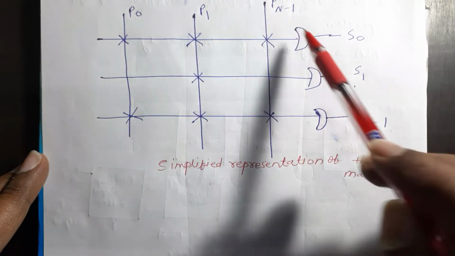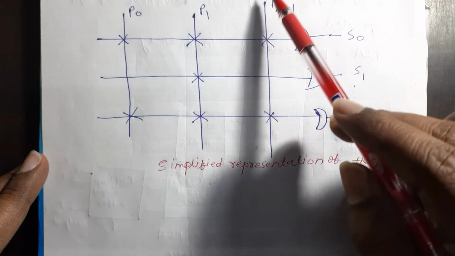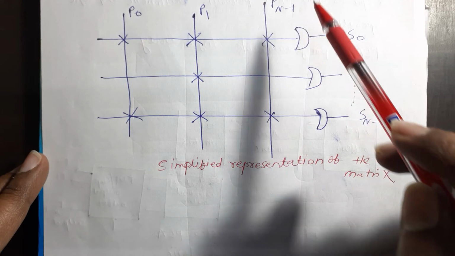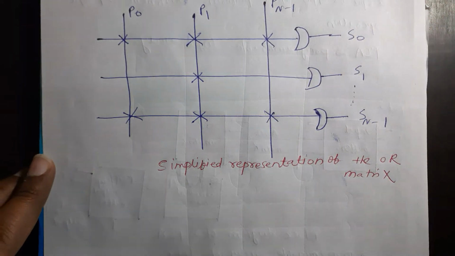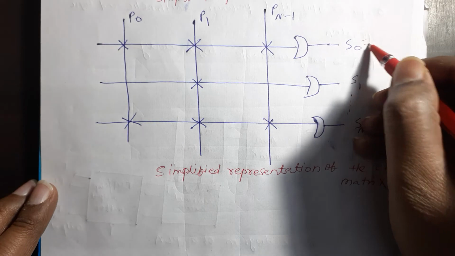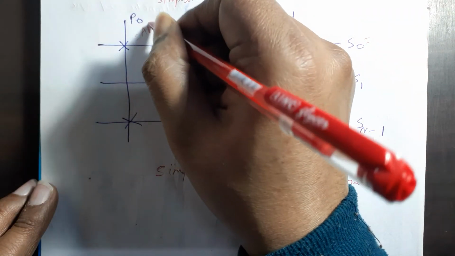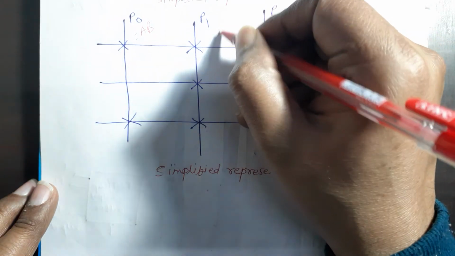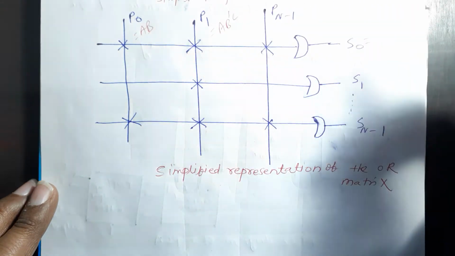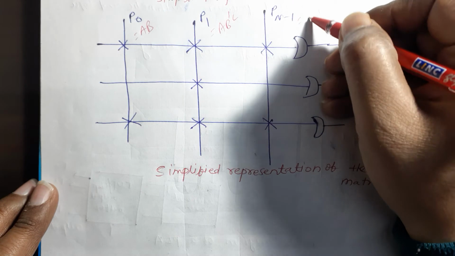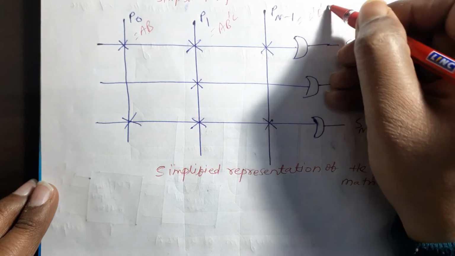Similarly P1 will be passed through this gate, and Pn minus 1 will be passed through this gate. So again here S0 will be equal to, if P0 equals AB, P1 equals A B bar C, and Pn minus 1 equals A bar B bar C.